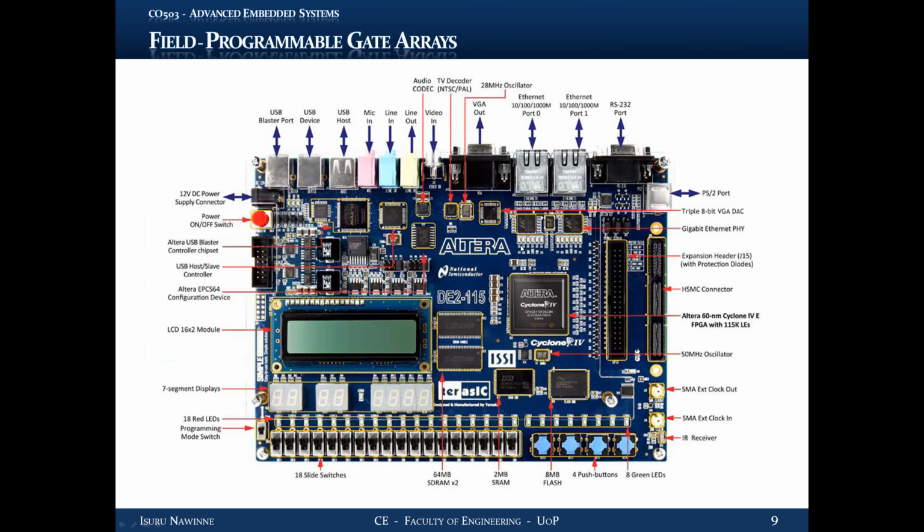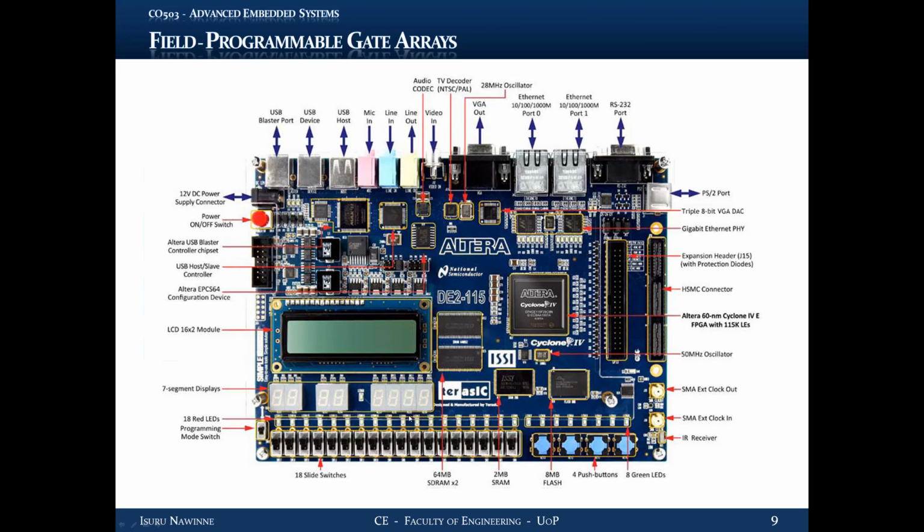So you have all sorts of different components on this board to be used with the FPGA. They are hardwired to different places, and you can check in the manual where each component is hardwired to, so you can connect from your FPGA device to that particular hardware, for example USB, and be able to use that external hardware, right?